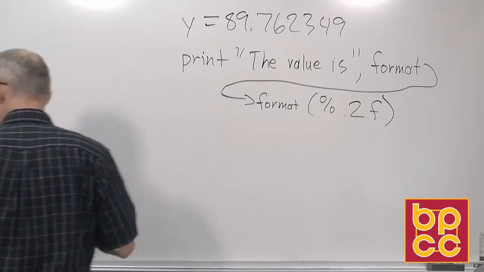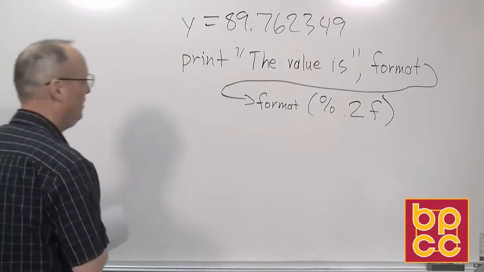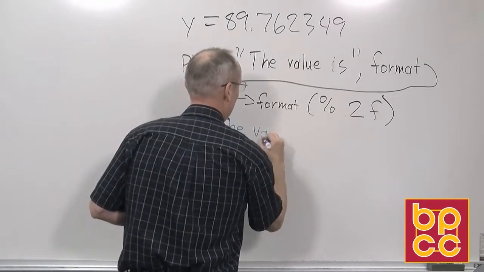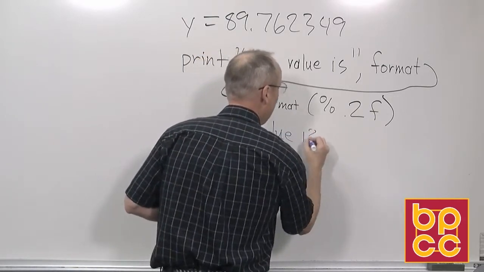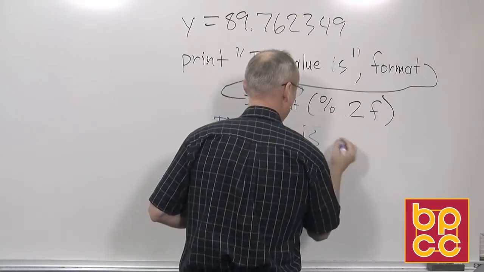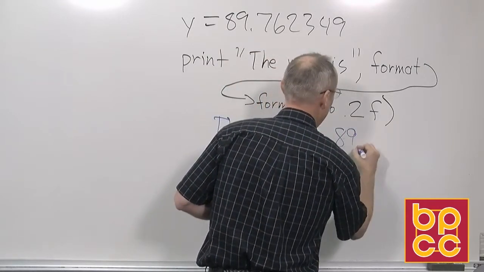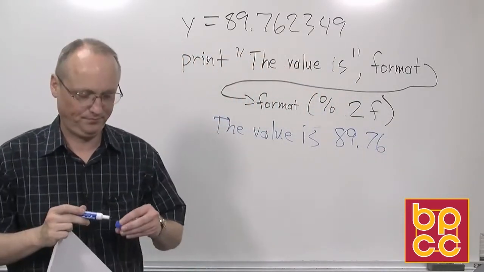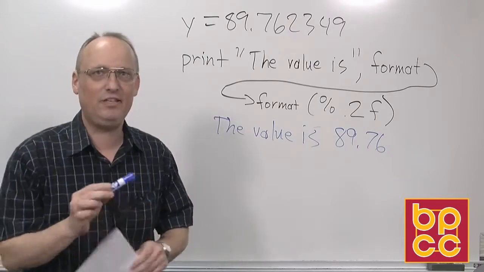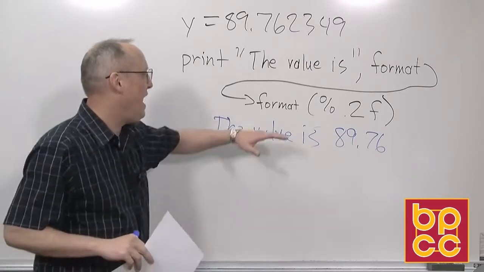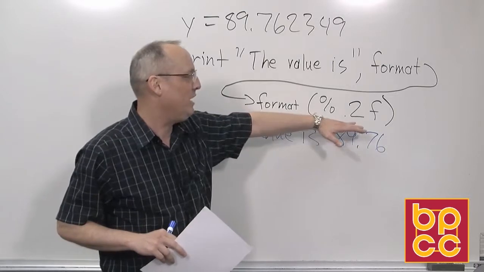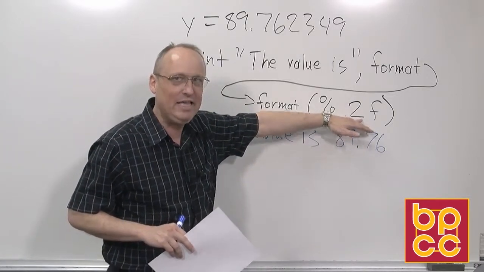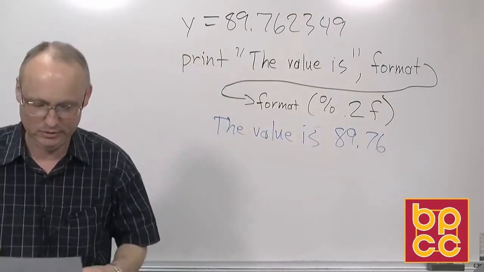So then whenever we do the output for this, the result will look like the value is 89.76, like that. In this example I'm showing here, I'm keeping this pretty generic because these formatting statements here will vary significantly across programming languages.